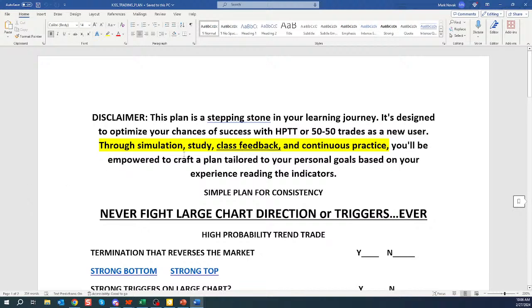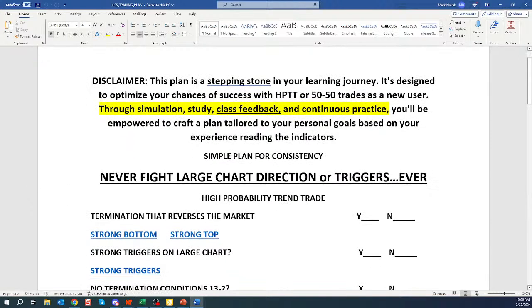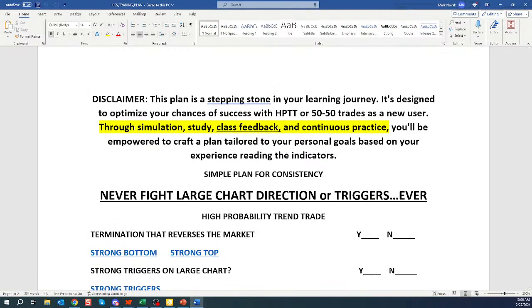So this is going to be your simple plan for consistency if you choose to follow it. You are under no obligations to follow the KISS plan. You are 100% at liberty to do whatever you like to do. But that's kind of like when your parents go, all right, go touch that hot stove if you really want to. Guys, this is the one where I just wrap my loving arms around you and try to keep you safe.